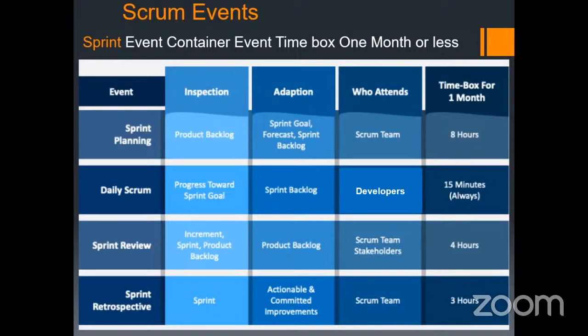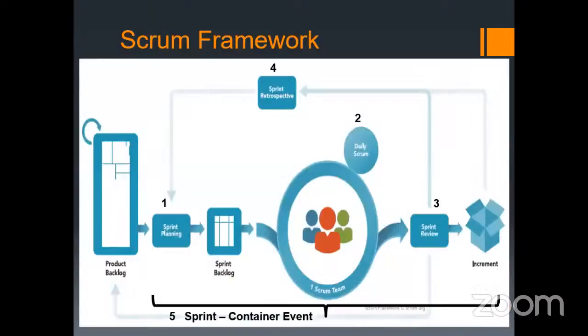Then who is attending that event, what artifacts are inspected in that particular event, and which artifacts you are considering for adaptation. That is also given. The same representation is given in another form.